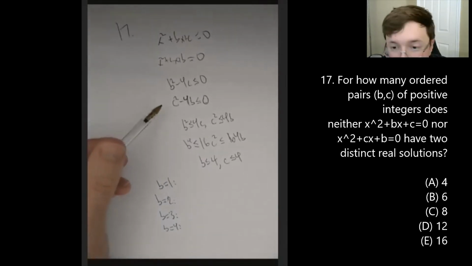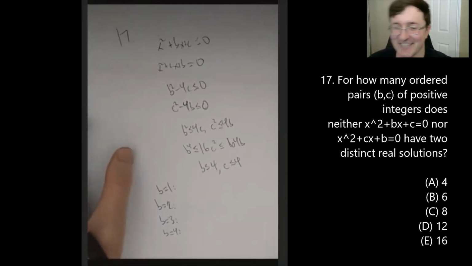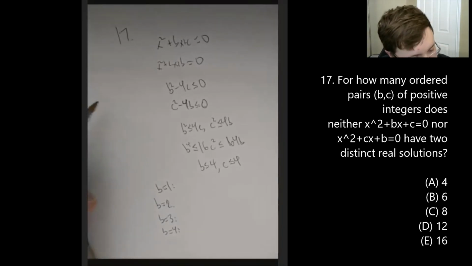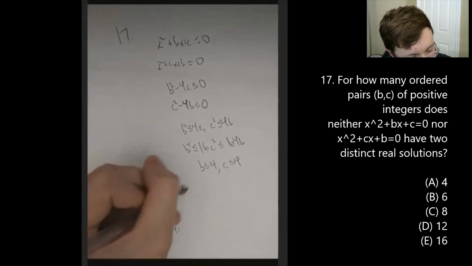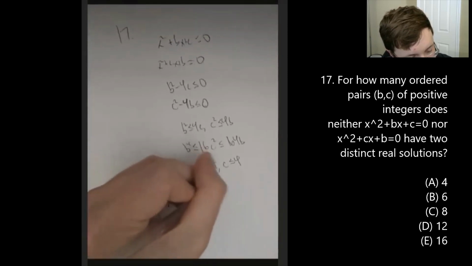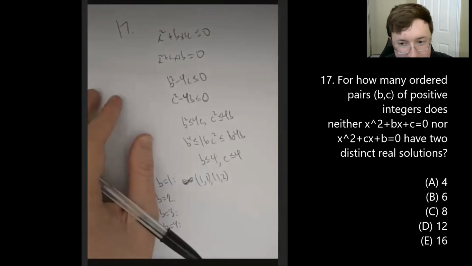Now you're making me nervous. Okay, b equals 1. I get 1 minus 4c is less than or equal to 0. So c can be anything. And c squared is at most 4. So I get 1, 1, and 1, 2. Yeah, I think that's right.